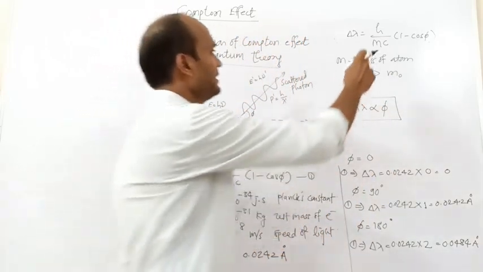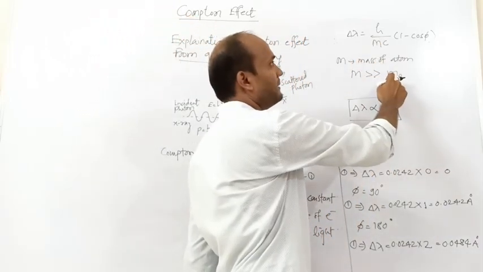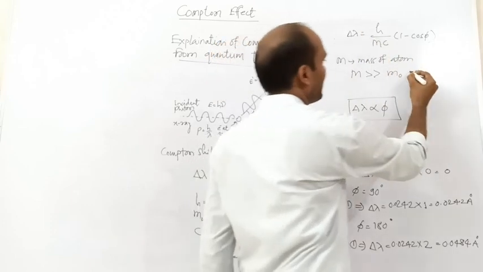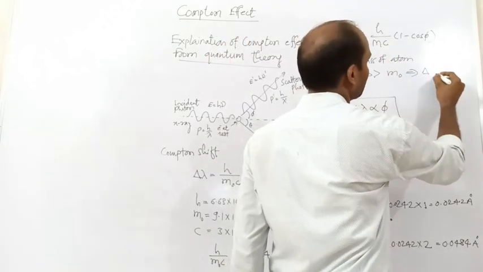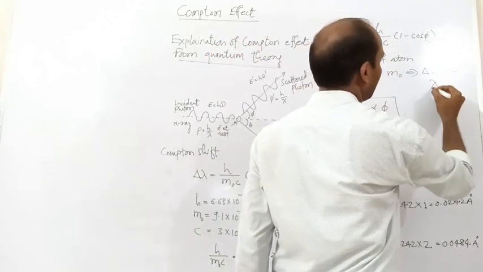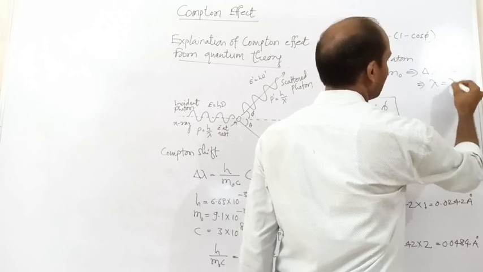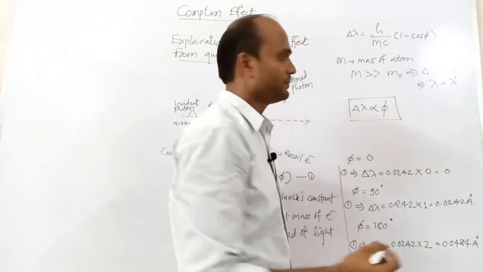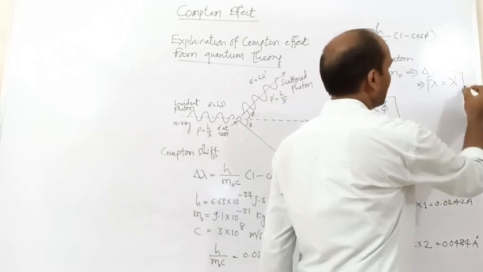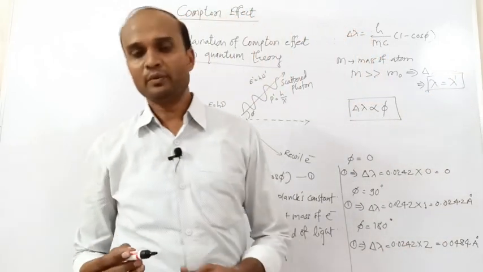If capital M is much greater than m0, then delta lambda becomes very small, almost 0, and it implies lambda is equal to lambda dash, and that's why we get the original wavelength.